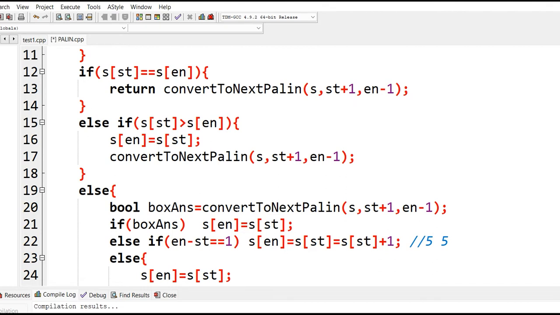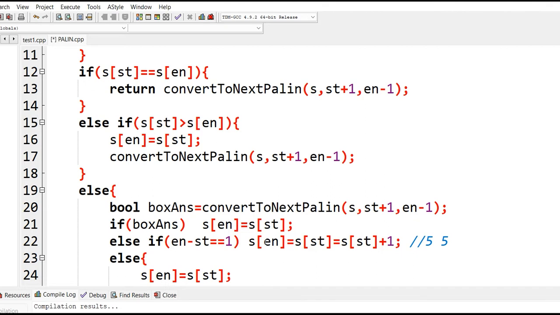In that case, first of all, we need to check what the inner string returns us. So if the inner string increases in its value, we actually mark the second position equal to the first position. That is, we decrease the second position to the first position because the inner string has already increased.